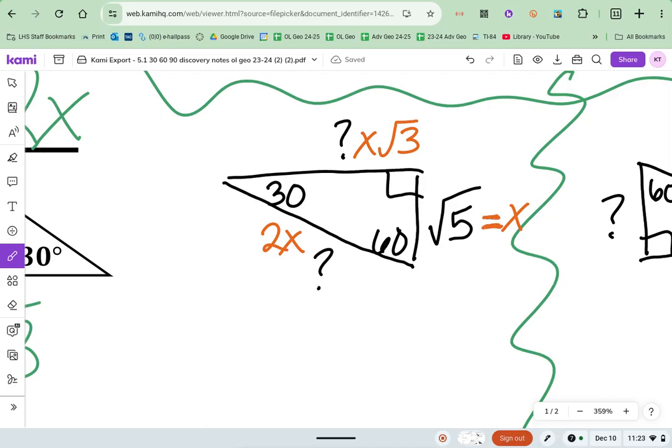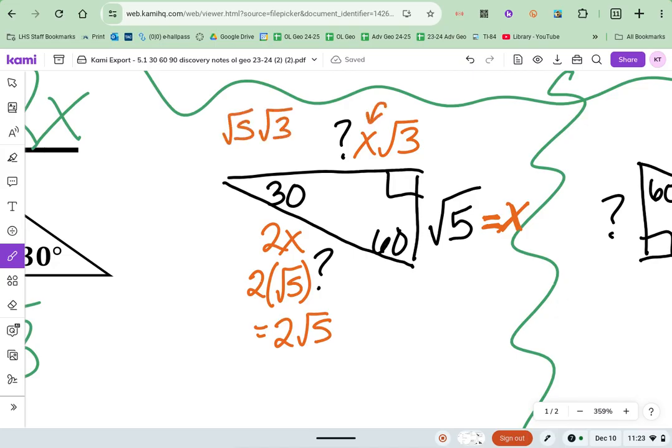So on this one, root 5 is equal to x because it's on the x side. So since I already have my x, now I'm just going to plug in. Wherever I see x, I'm going to plug in a root 5. So right here, 2 times root 5, which is just 2 root 5. And up here, root 5 times root 3, because I'm plugging in for that x.